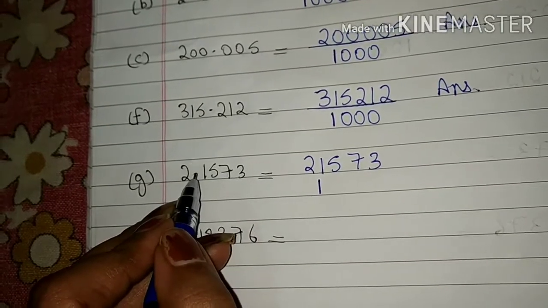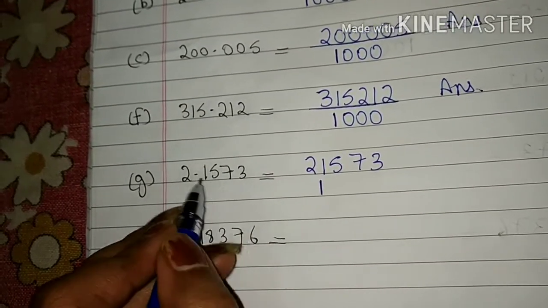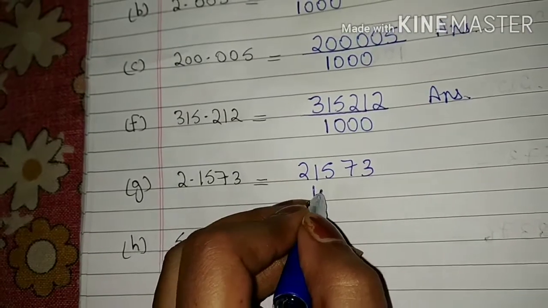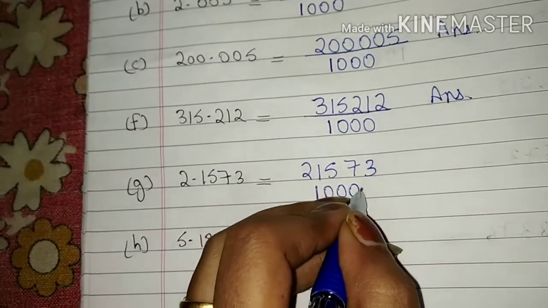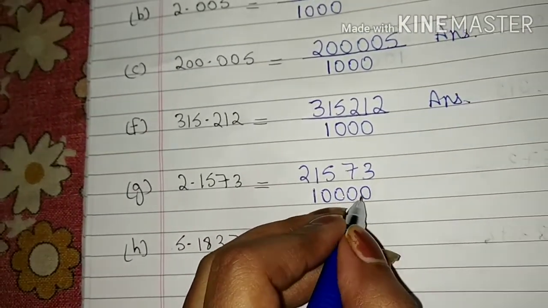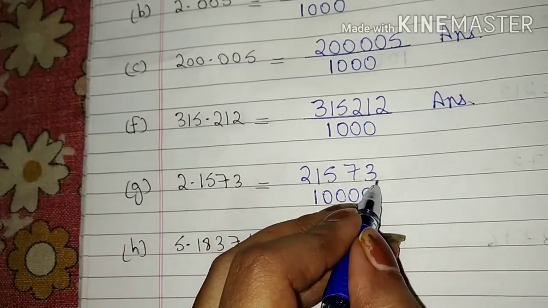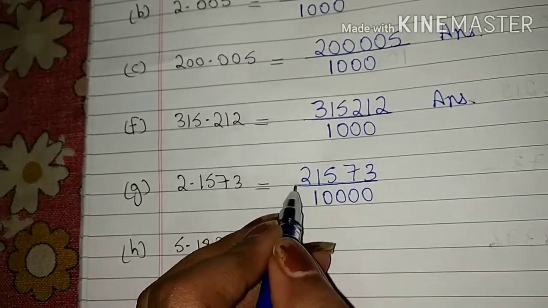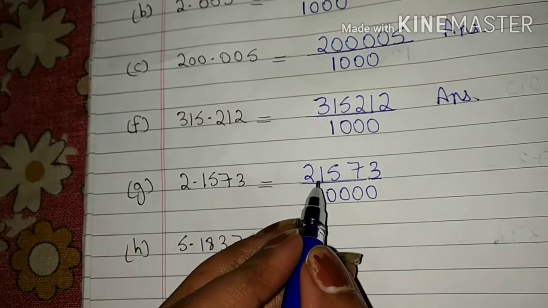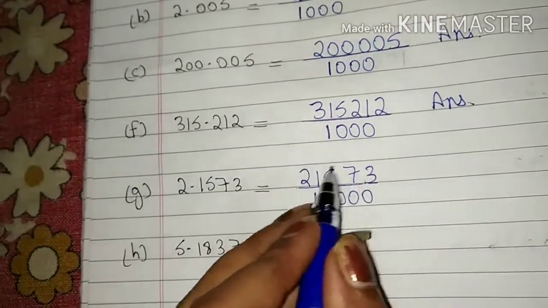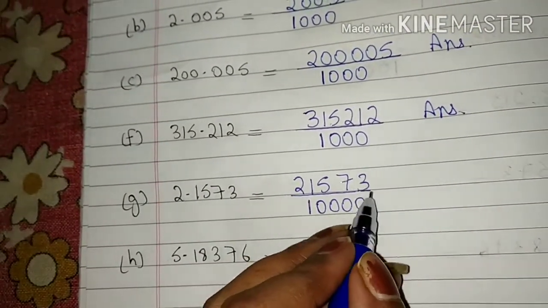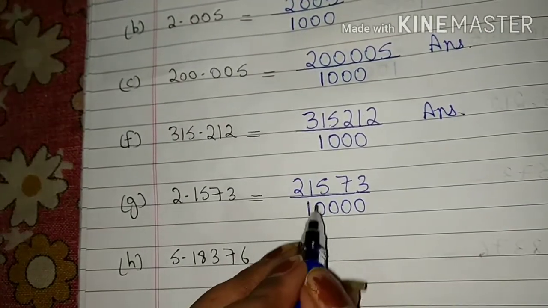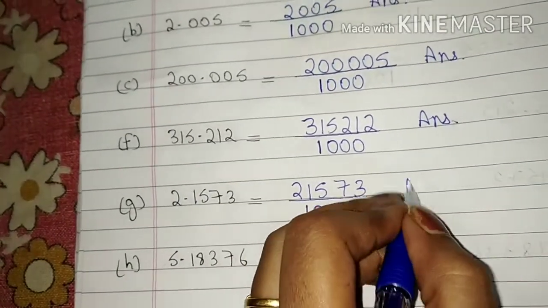So we will write 4 times 0 in the denominator. Now students, 21573 by 10000. This is your answer.